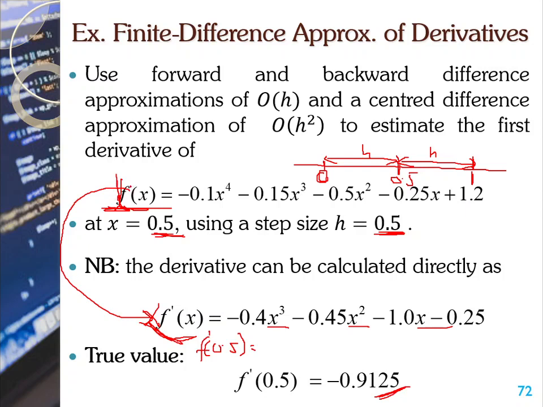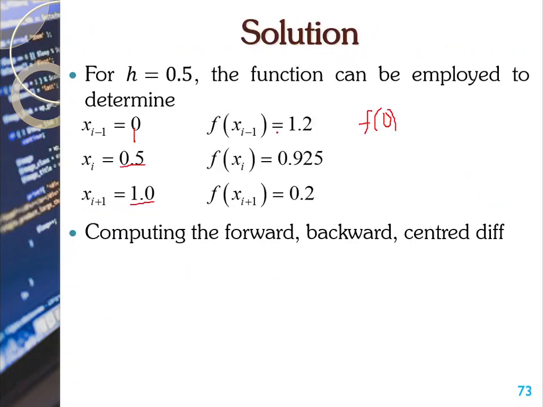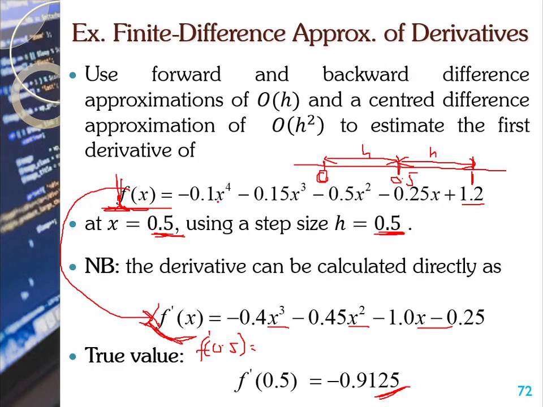Once we put in f of 0, everything here goes to 0 with the exception of this 1.2. That is how come we are having 1.2. In the same way, we find the functional evaluation of 0.5, putting 0.5 anywhere we see x in this expression.